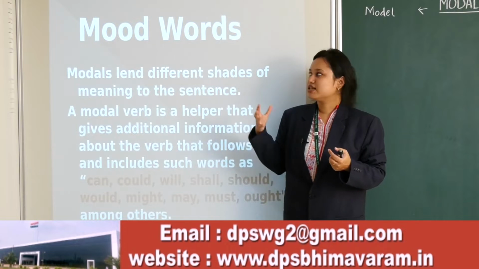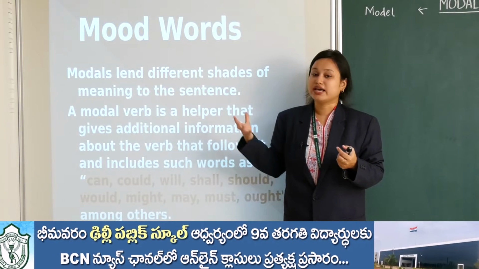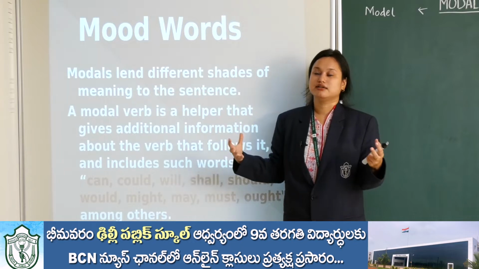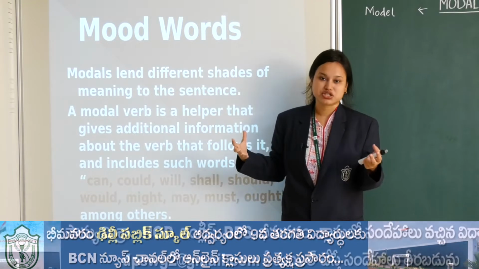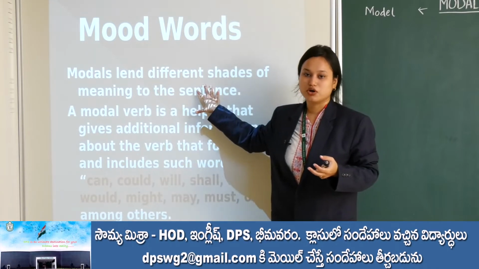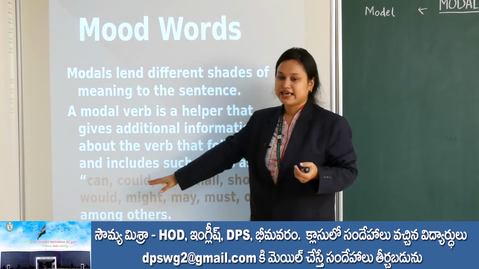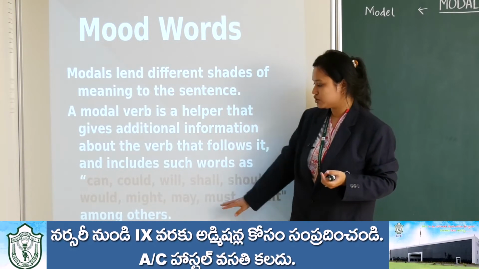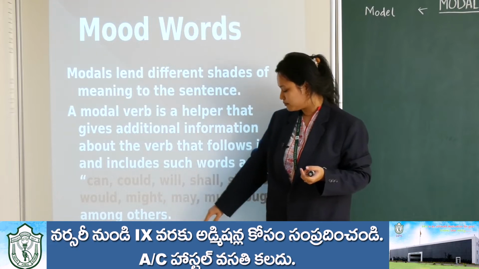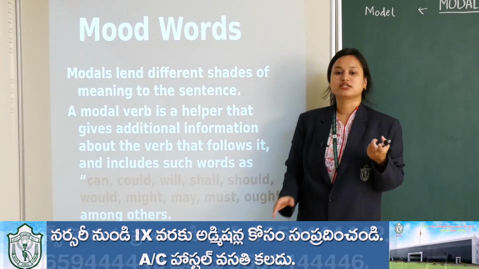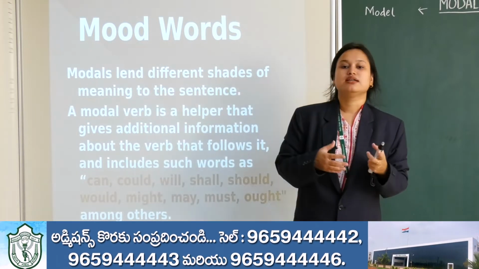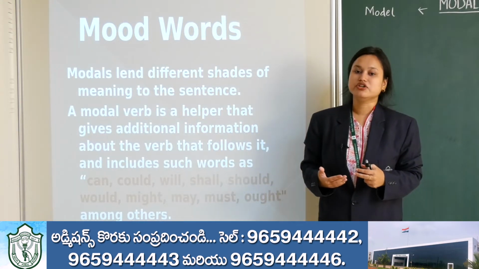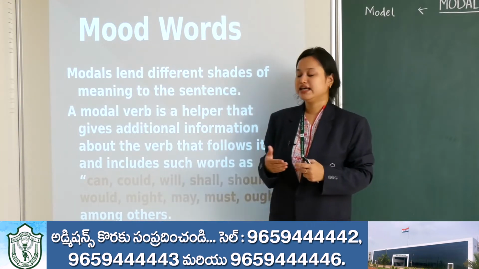So modals, you see, is a very heavy word in English. Why do I say it's a heavy word? Because it is loaded with enormous emotions, intentions, okay? These few words we will find out: can, could, will, shall, should, would, might, may, must, ought to, need to, have to. So these are certain modals which are frequently used in our day-to-day language as well as in textual language.